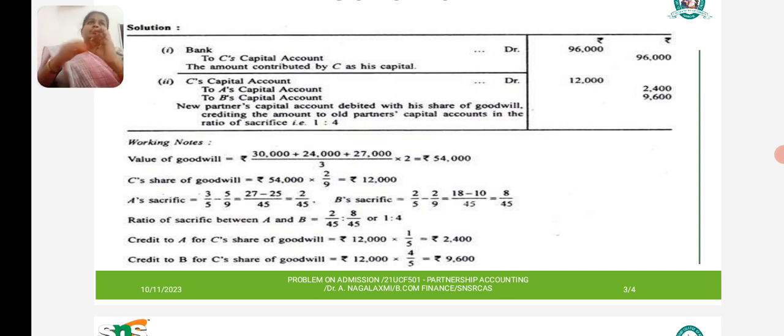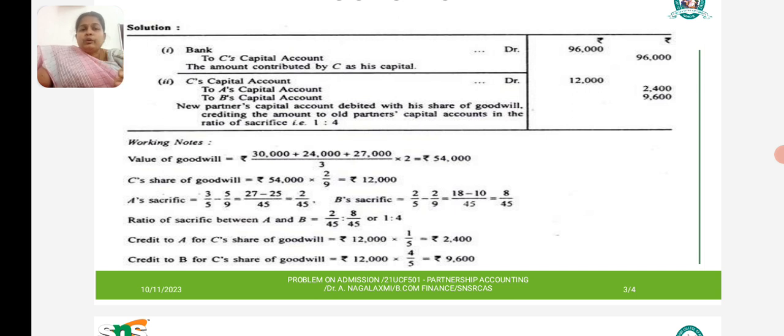Now we are supposed to calculate C's share of goodwill. C's share of goodwill is 54,000 into 2 by 9. How does this 2 by 9 come? In the problem they have given the new ratio as 5 is to 2 is to 2. So 5 plus 2 is 7, 7 plus 2 is 9.